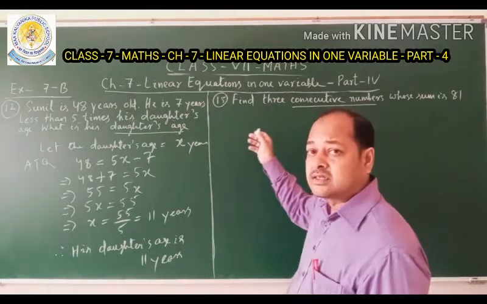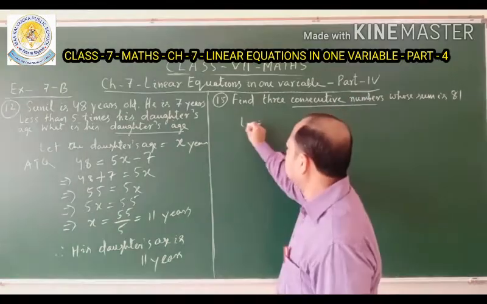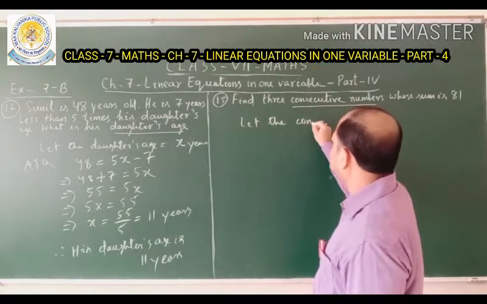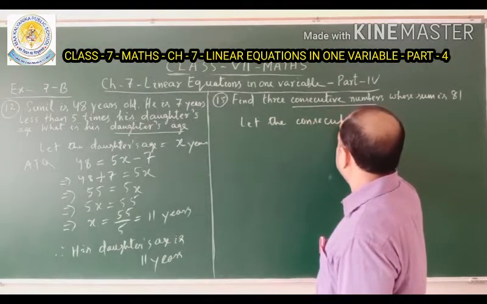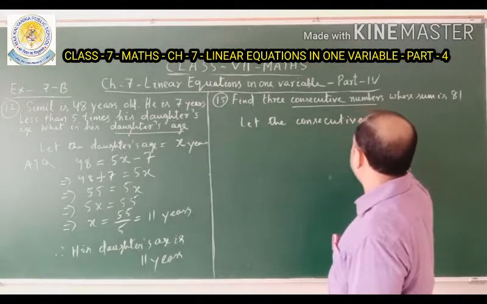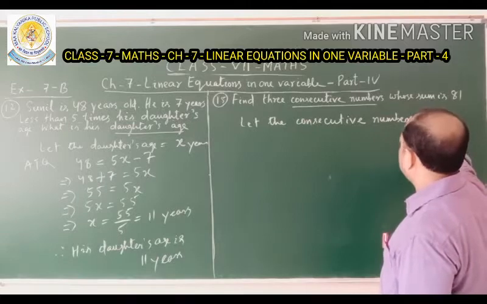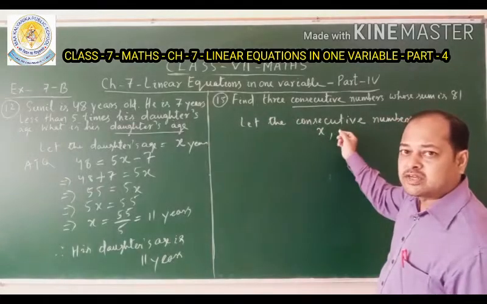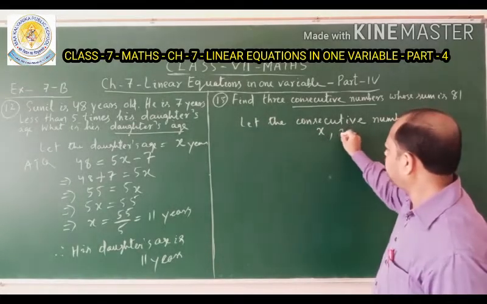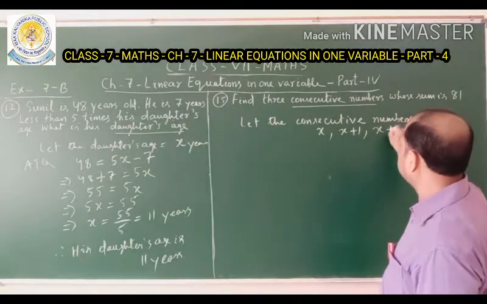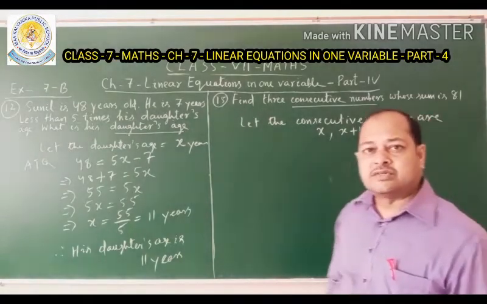So let the consecutive numbers be x. The next one will be x plus 1. The next one will be x plus 2. So these are three consecutive numbers.